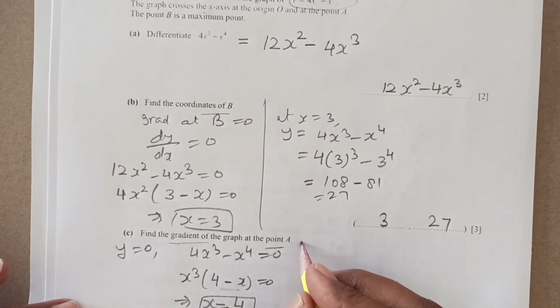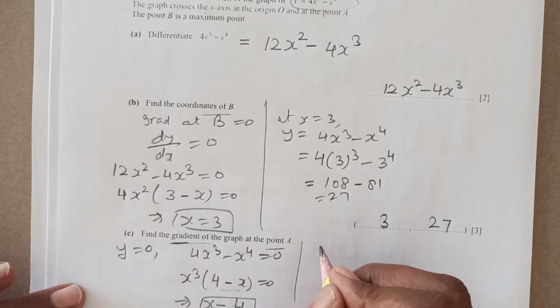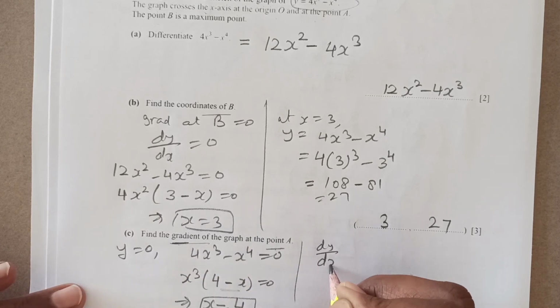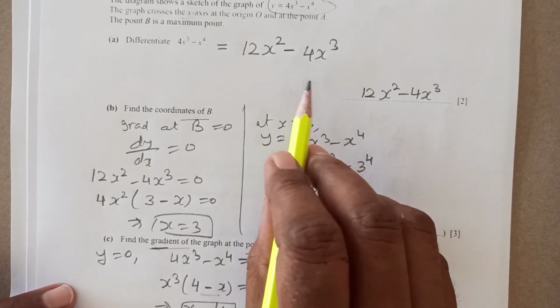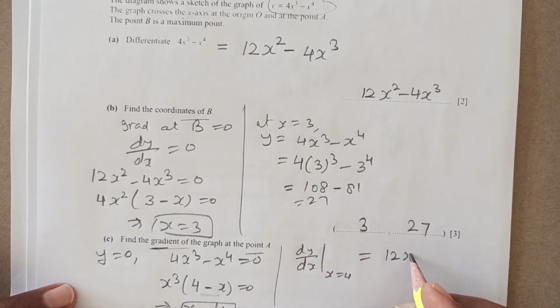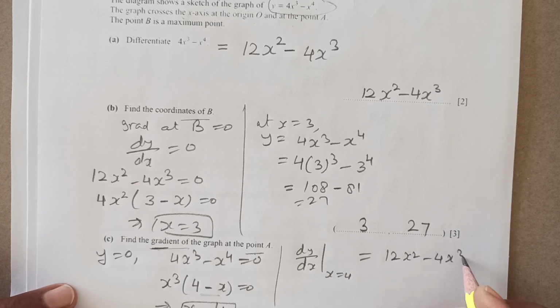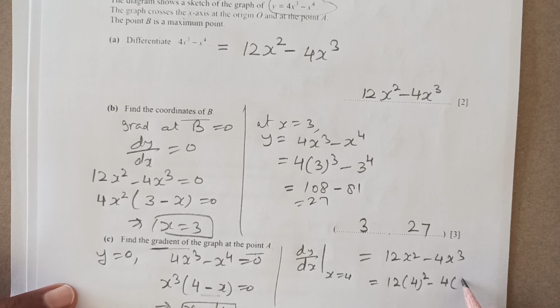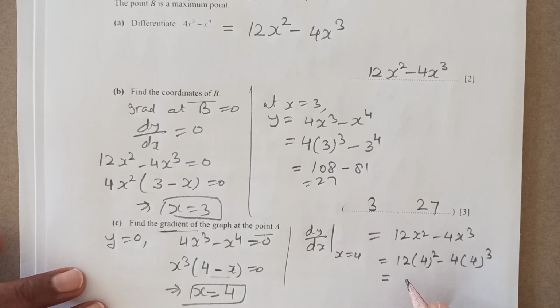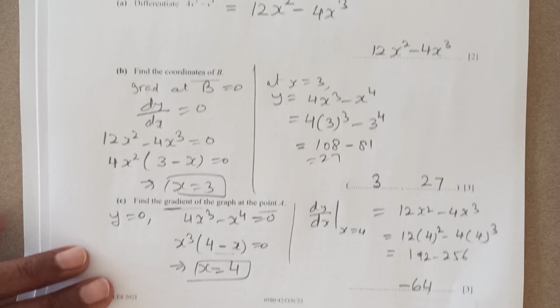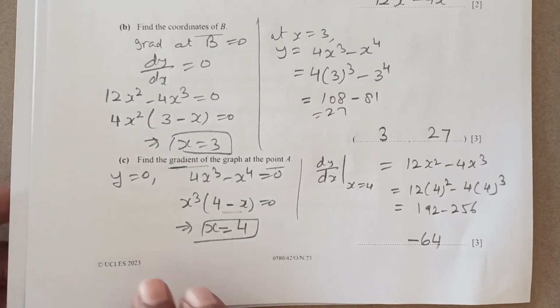When x is 4, we are looking for the gradient, so dy over dx at x equals 4. dy over dx is 12x squared minus 4x cubed, so 12 into 4 squared minus 4 into 4 cubed, so this is 192 minus 256, which is negative 64, right?